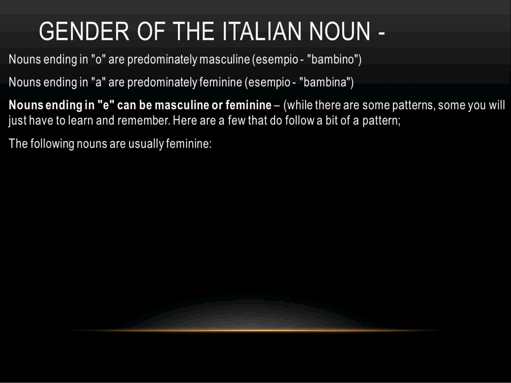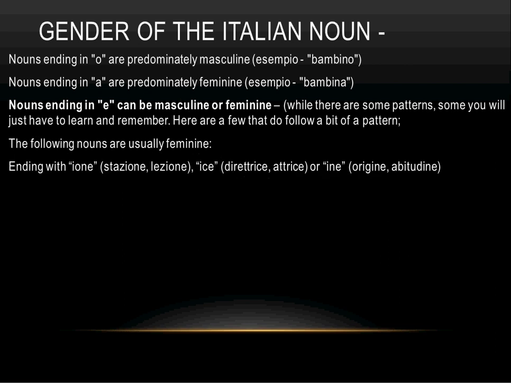The following nouns are usually feminine. Those ending with ione, like stazione or lezione. Trice, like direttrice or attrice, or udine, as in origine or abitudine.